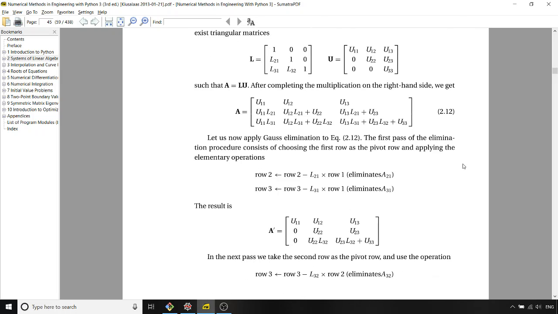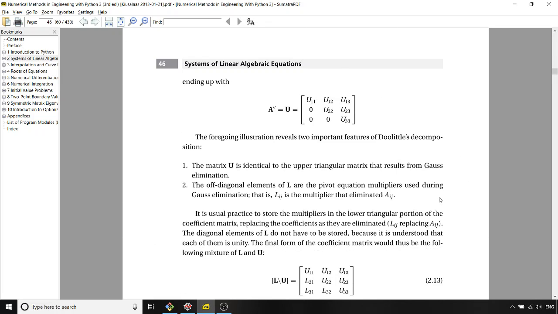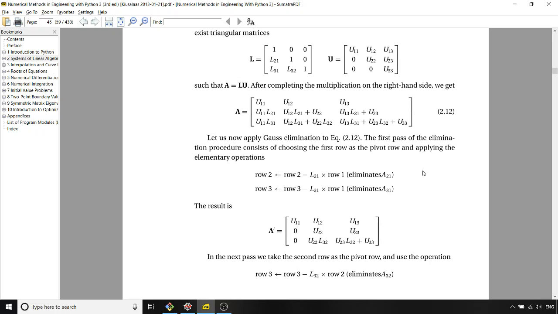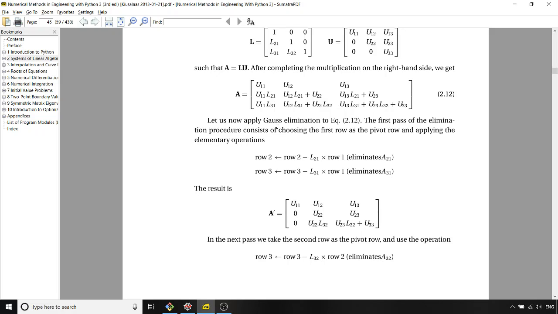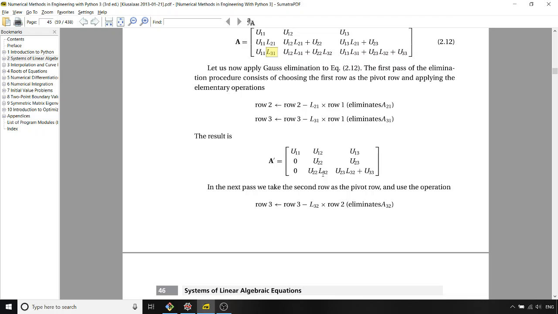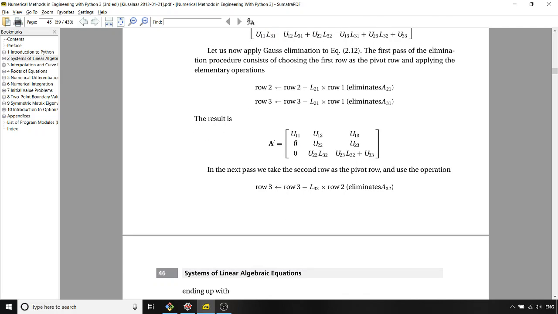One interesting thing is, if A matrix is like this, and you do Gauss elimination here, you will need to multiply this by L21, and multiply this by L31, and then after that you will have this matrix.